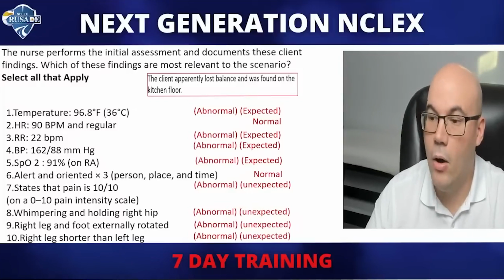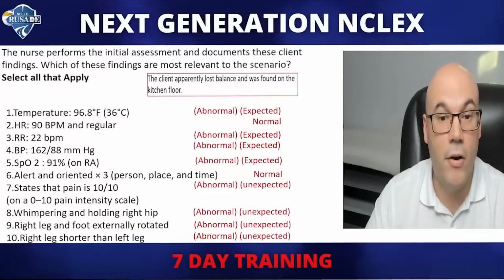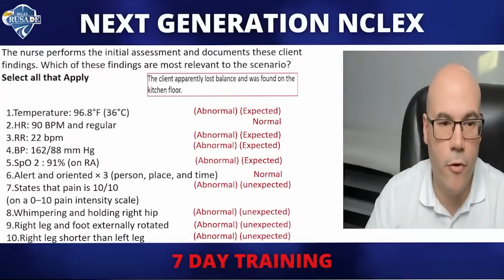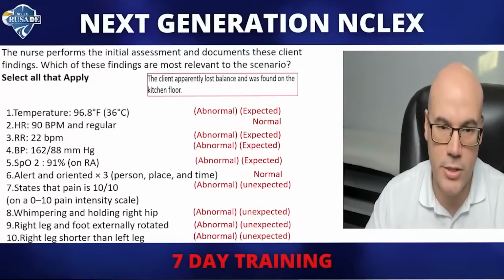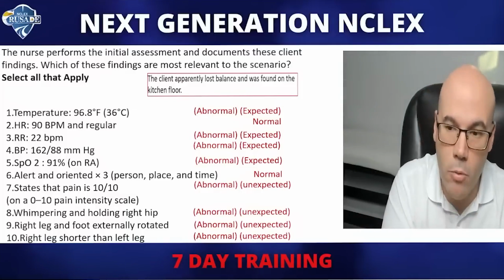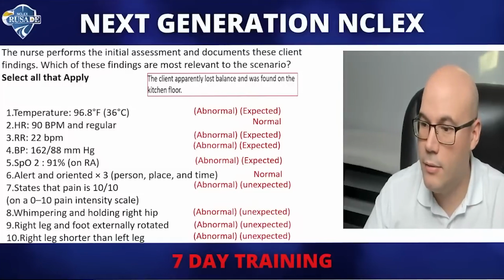Excellent. Well, how do we select the correct answer? Very simple. When they tell you what is the most relevant information in this scenario, select all that apply, you will eliminate any answers that are either normal or abnormal expected. Therefore, answer number 1 is gone.